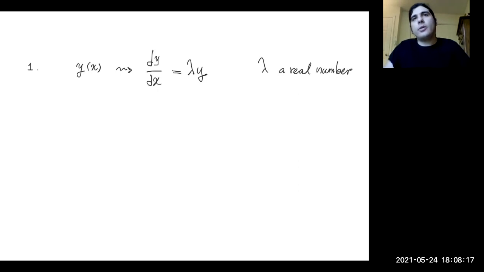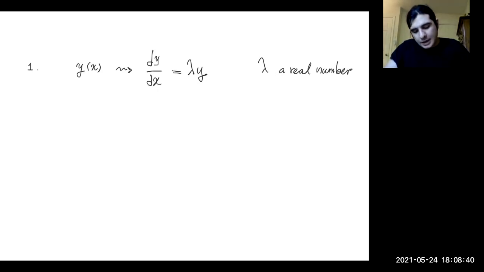So this is an example of a differential equation. We are looking for a function y, a function of x, such that it satisfies this equation, right? Y can be anything. It can be a polynomial with respect to x. It can be sine, cosine, log, exponential function, or anything.